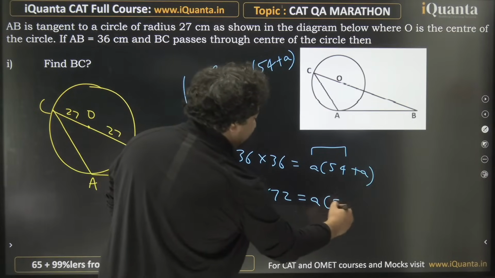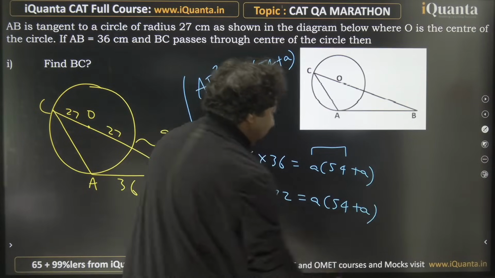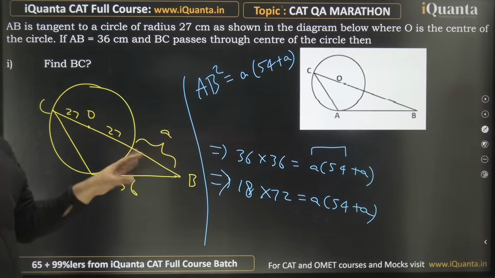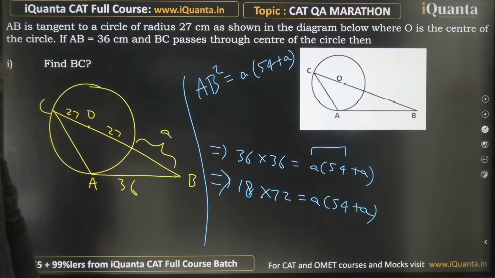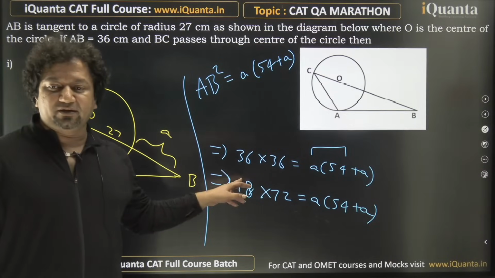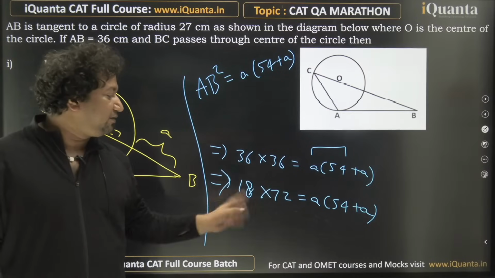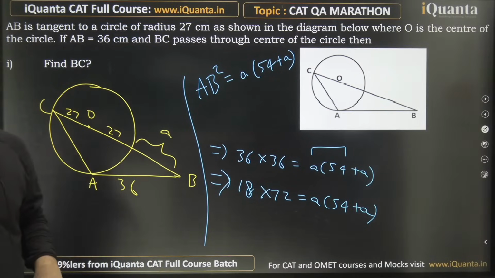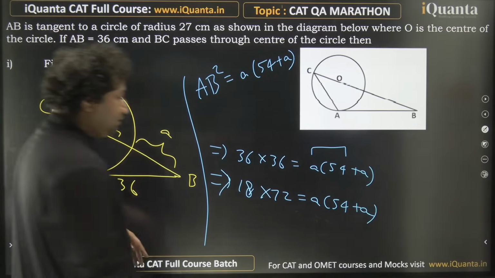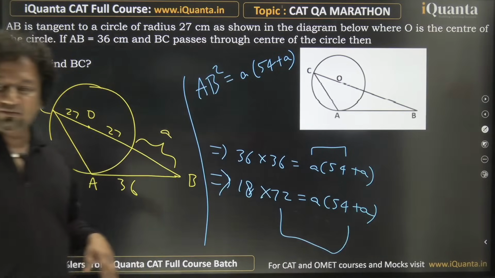See what I did over there. A lot of people would open the bracket, form a quadratic equation, then try to solve. I did some style and now I got the answer. 54 plus A, that was BC, that is what we had to find. The answer is 72. Isn't that cool?